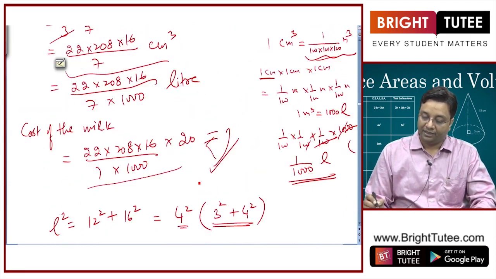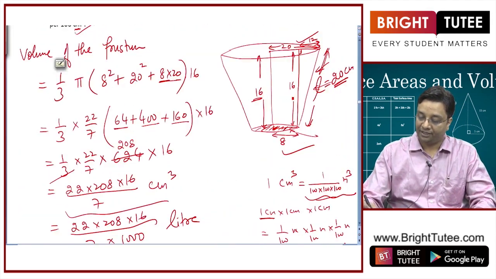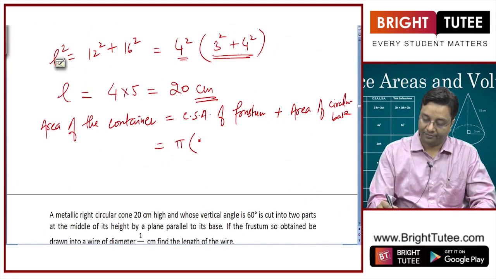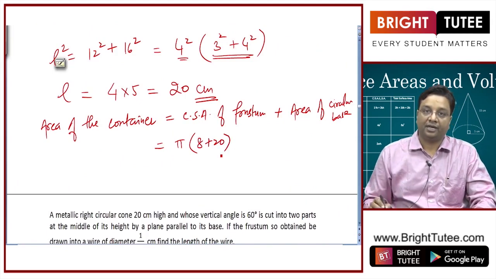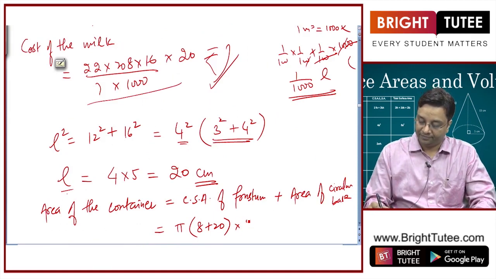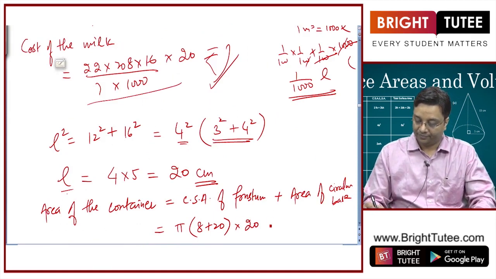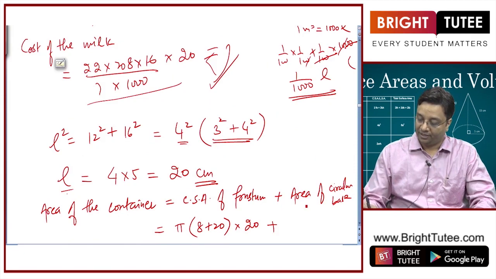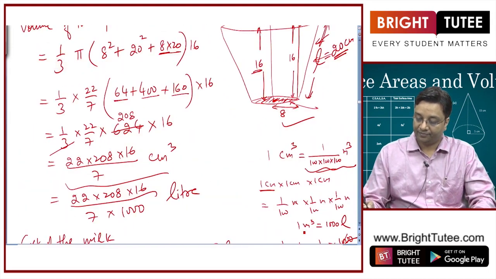Pi times the sum of these radii, which is 8 plus 20, R1 plus R2, into slant height, which is 20, plus area of the circular base, which is pi radius square, which is 8 square.